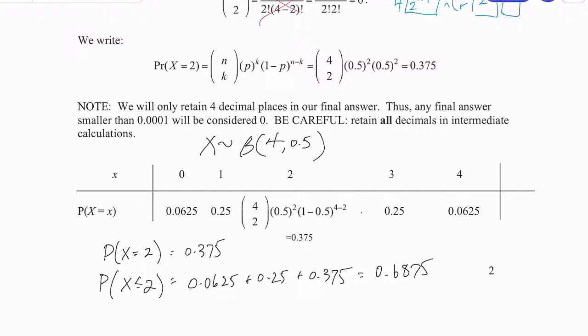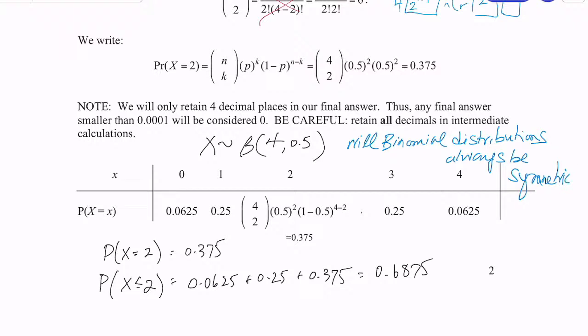Now, why is there symmetry? Will there always be symmetry in binomial? I'll leave you that.